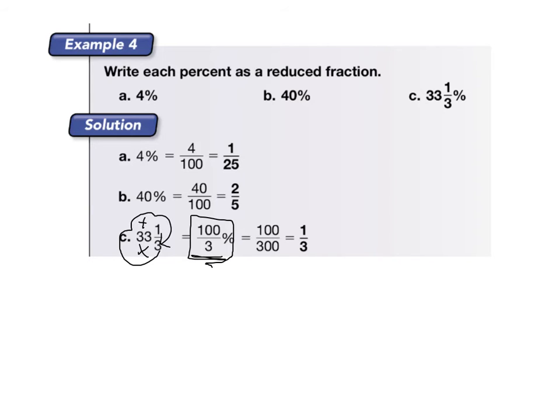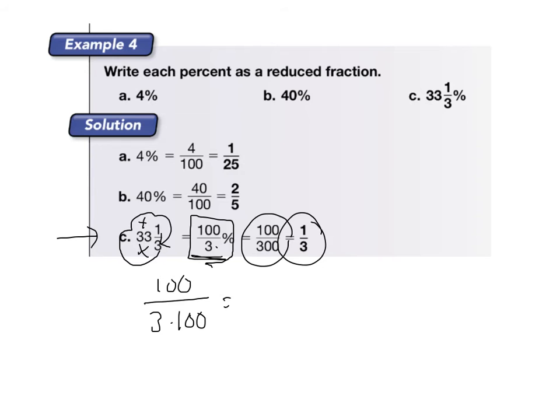Okay, so I have a percent. Now, what I need to do is put it over 100, right? So the way I do that is I do 100 over 3 times 100. So I'd get 100 over 300. Then that reduces to 1/3. These are a little confusing on that one.